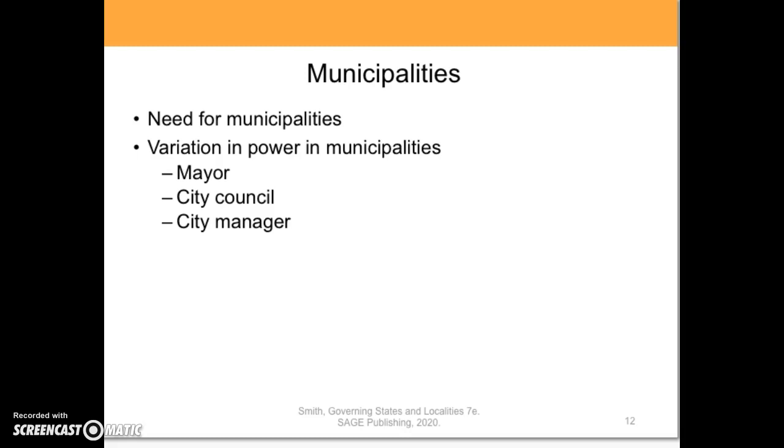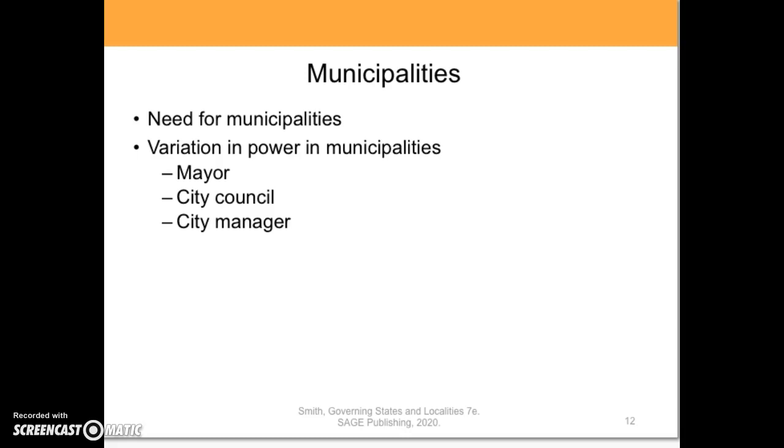Municipal governments are general purpose governments that provide a range of public services and address a variety of political issues at the local level. They are brought into existence because groups of citizens, usually those concentrated in compact urban areas, want to exercise a degree of political self-determination over their community.